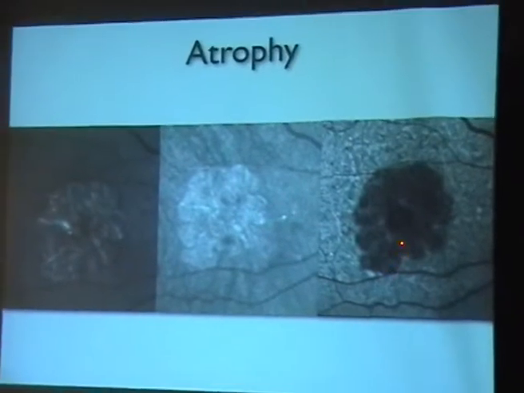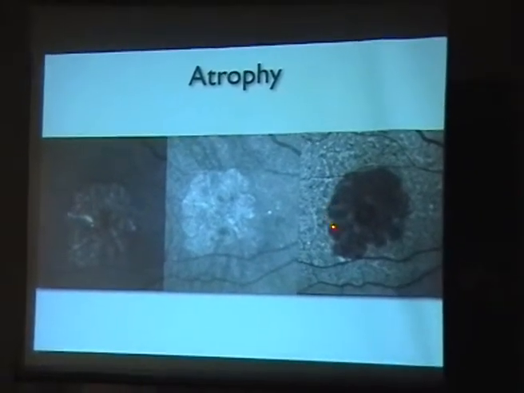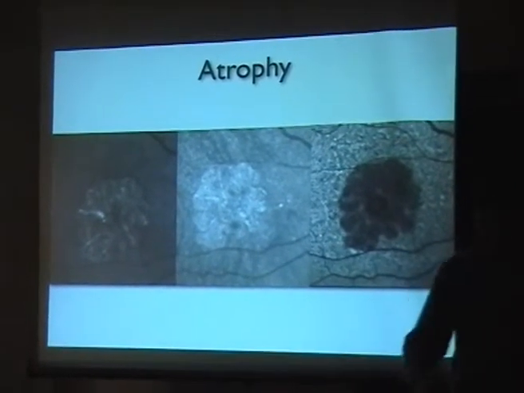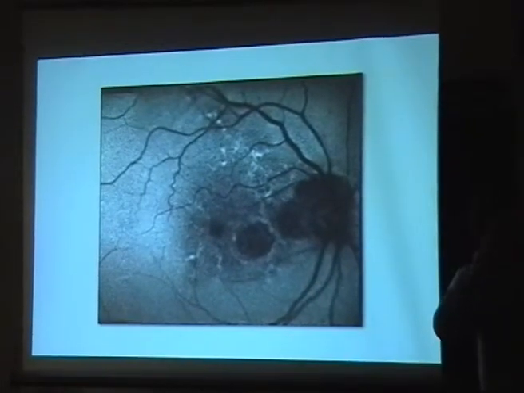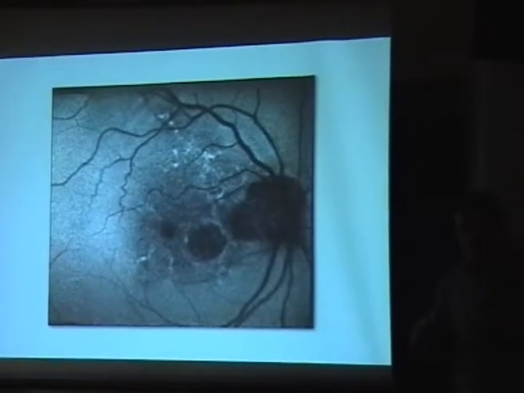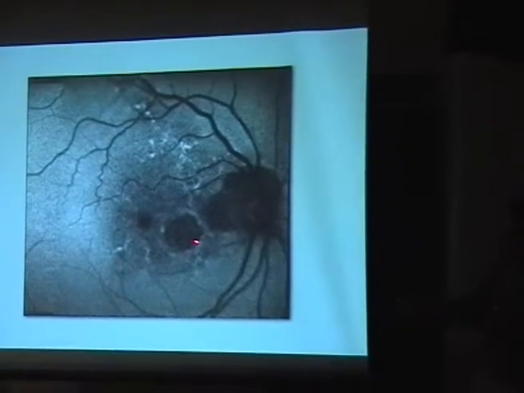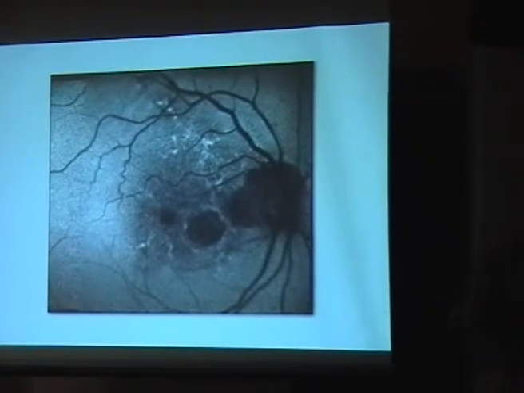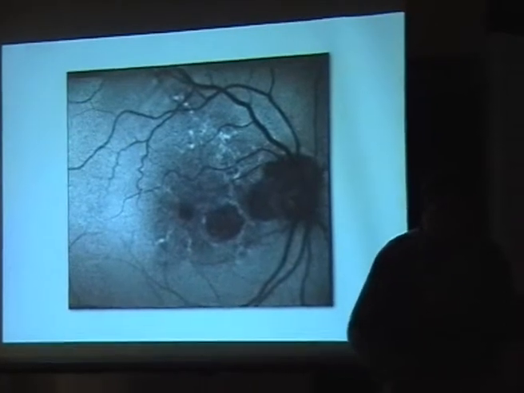When you have atrophy, and we have already seen this image, there is a decrease in autofluorescence. But as we said for Stargardt, and as Frank Holz from Bonn suggested, when you have an increased fluorescence around an area of atrophy, you can actually expect that the atrophy will increase in that area.